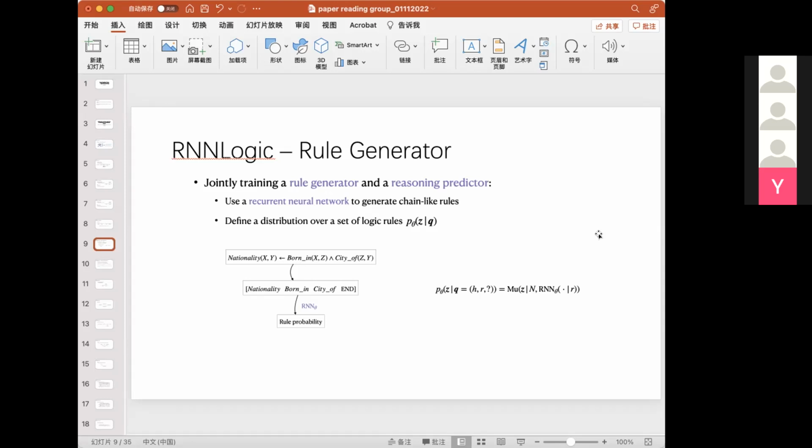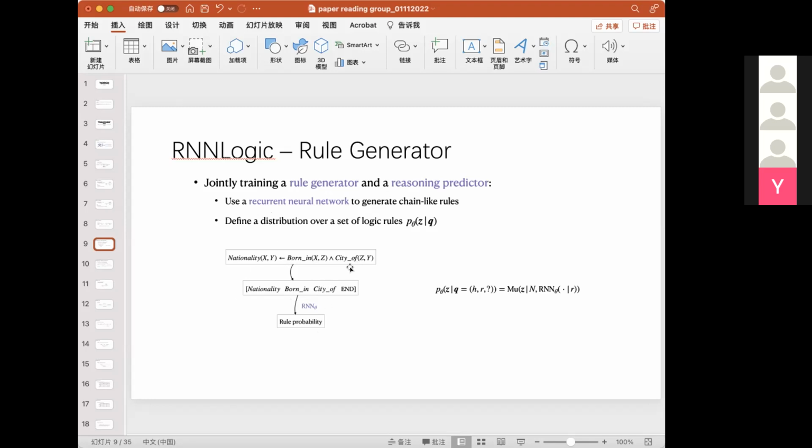So the idea of this work is that we first have an RN, and at the first step this RN might have very low capability. We may generate the next relation by just randomly picking something in this relational space.